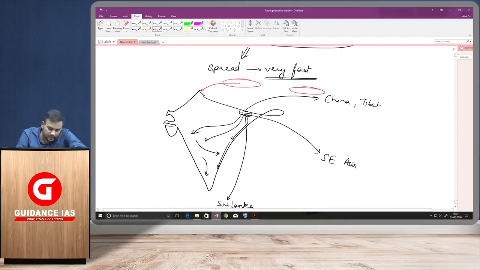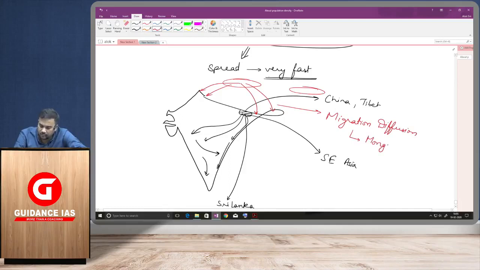So from Tibet and China, this Buddhism has arrived through the process of migration diffusion. So it is associated with which racial stock? Mongoloid racial stock. More specifically, the Tibeto-Mongoloid racial stock. So this is one type of Buddhism which is found in India.